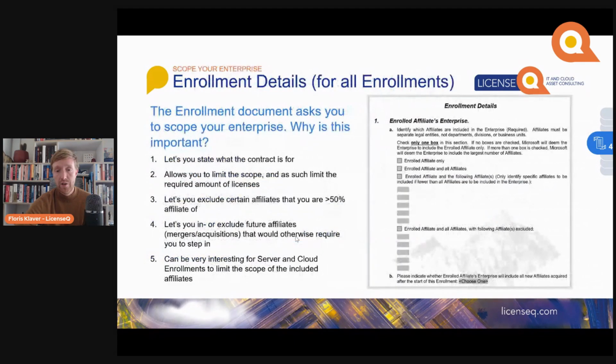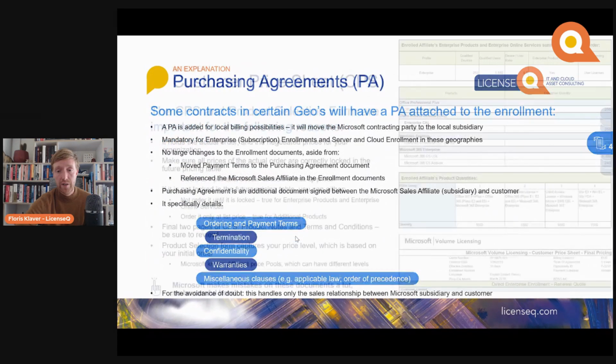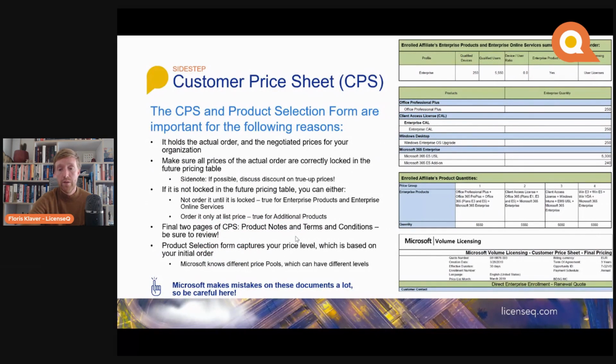Now, why does it show 4 different entries on the product selection form? Well, the price groups 1, 2, 3, and 4 cover different price groups. Price group 1 being the enterprise products.